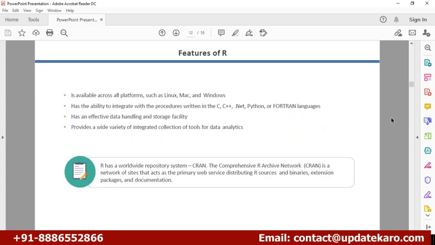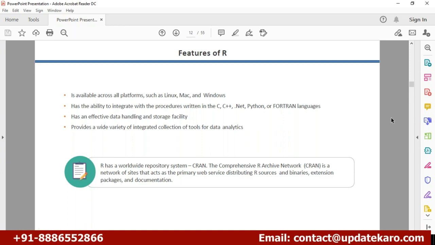Features of R. It is available across all platforms such as Linux, Mac, and Windows. It can be installed on any operating system. It has the ability to integrate with procedures written in C, C++, .NET, Python, or Fortran languages.